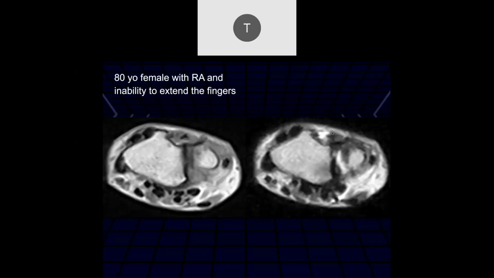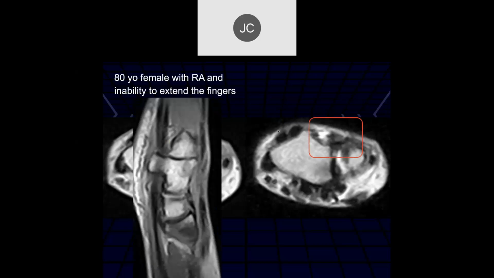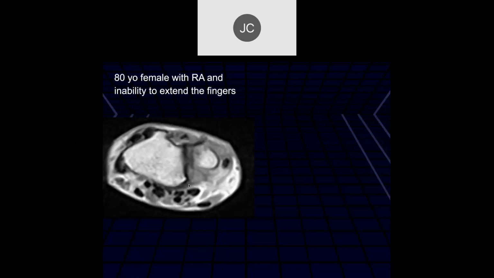Yeah, so here we can see these are tears. I think I might have showed this during the tendon section as well, but these are tears that you can get in rheumatoid arthritis, probably because the chronic inflammation weakens the tendon. It makes it much more susceptible to tears, and that's why they couldn't extend the fingers.